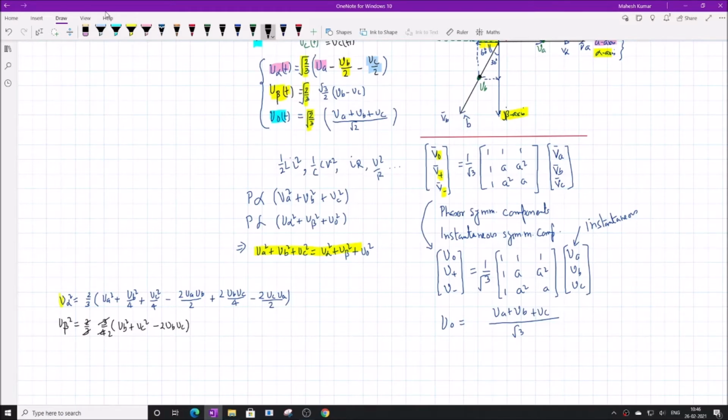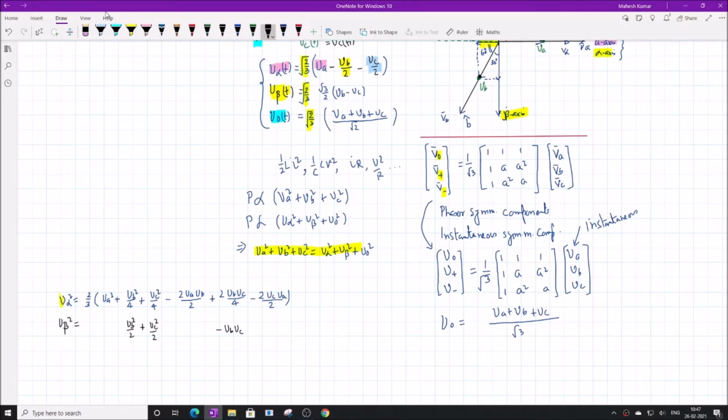Okay, so I will remove these terms here, and this becomes Ba square by 2 plus, so put below this actually Bb square by 2, not here, and then plus Bc square by 2, and then here minus Bb Bc.